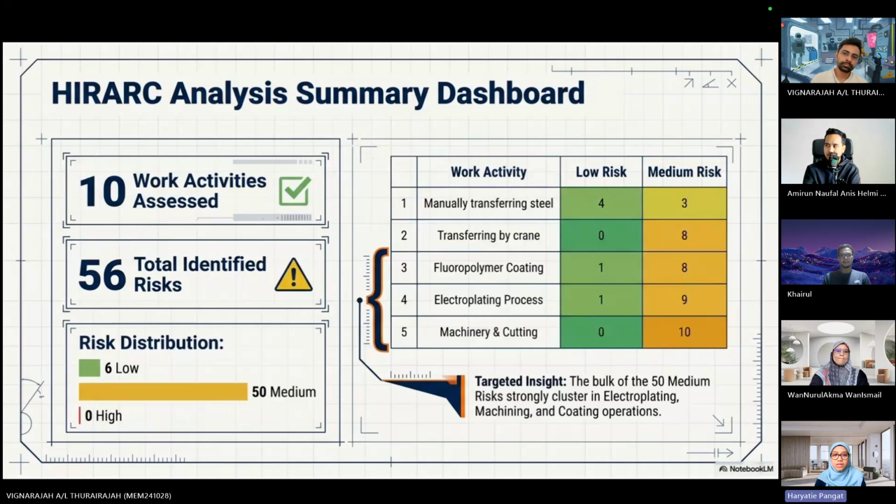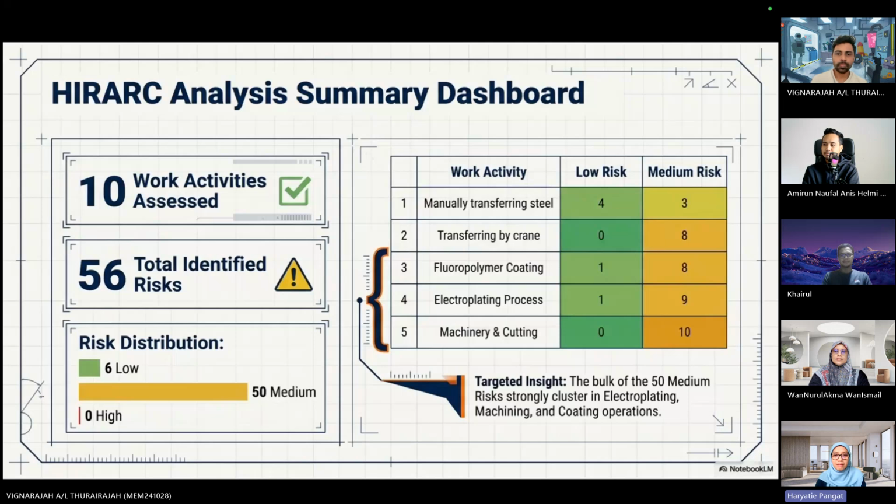The analysis shows that the majority of medium risks are concentrated in the electroplating, machinery and cutting, coating and crane handling activities. Therefore, these areas should be prioritized for risk control measures, employee training, supervision and continuous monitoring to reduce the likelihood of incidents and improve workplace safety.